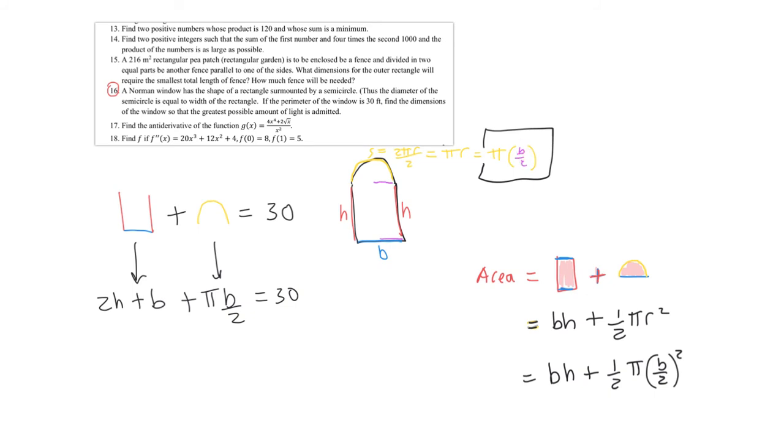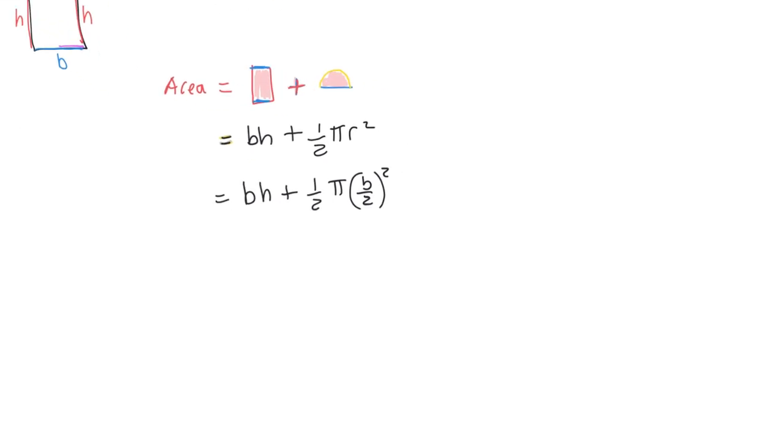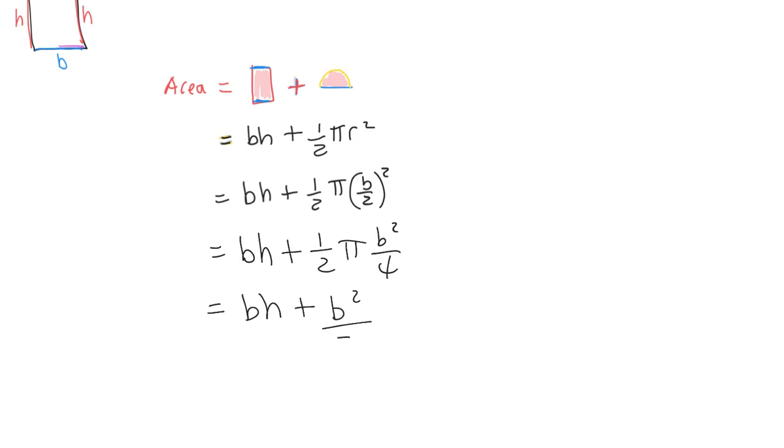Let's go ahead and square that now, just to get it over with. That would be b squared over 4, and that simplifies further to b times h plus b squared over 8 times pi. That is the area formula that I'd want to work with personally.